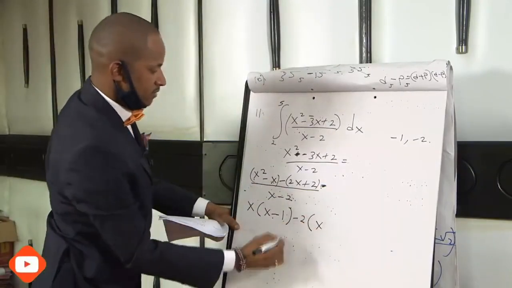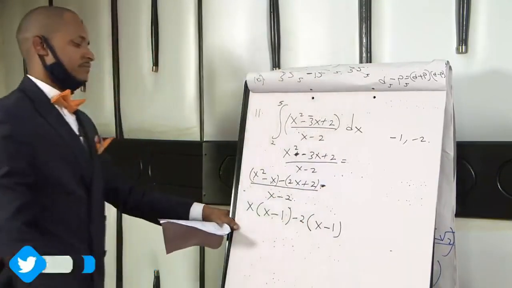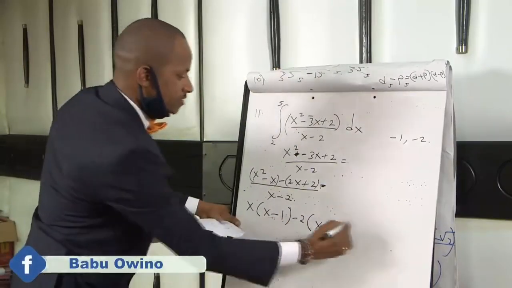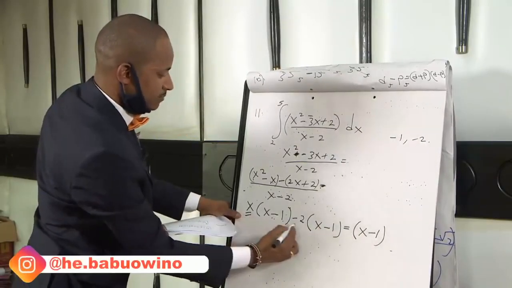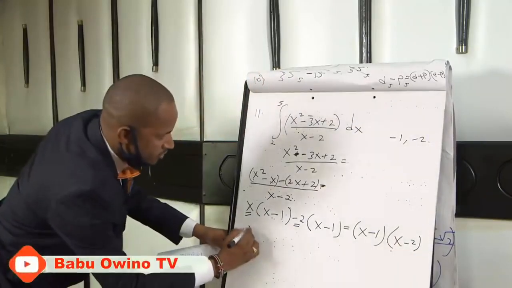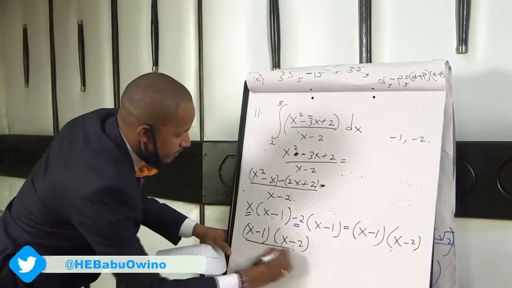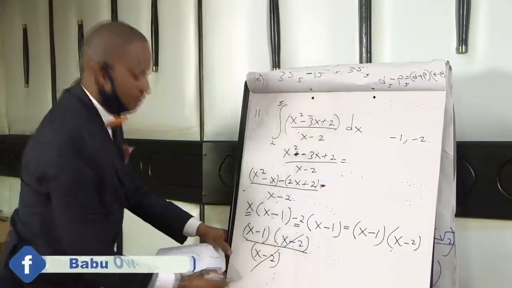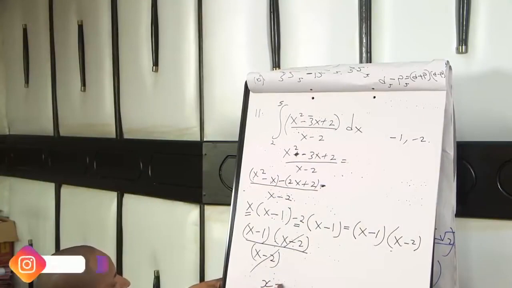X times. Then minus 2 goes into plus 2 minus 1s, minus 1. What is common to these two is x minus 1, sorry, into, you collect this x and minus 2 together also, x minus 2. So we have our equation simplified as x minus 1 into x minus 2 divide by x minus 2. So this x minus 2 and this x minus 2 go. So the equation that we have simplified is x minus 1.